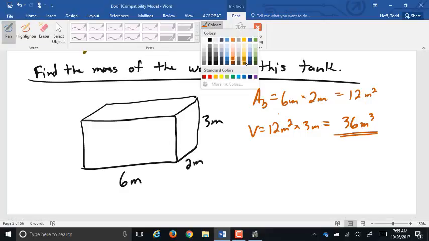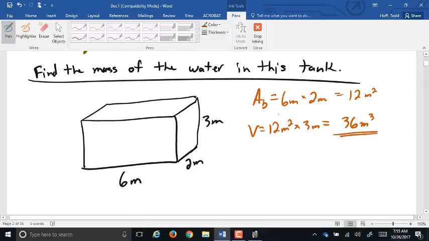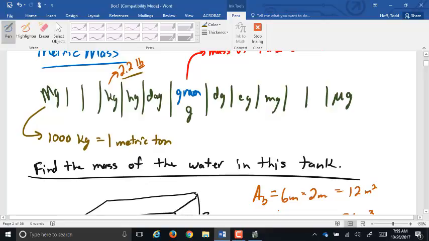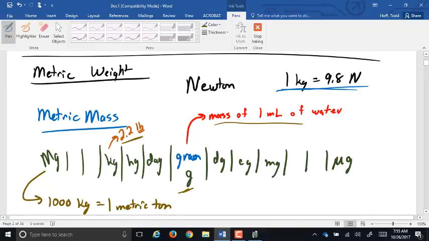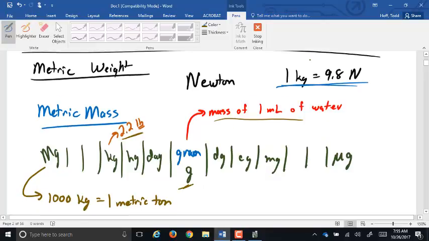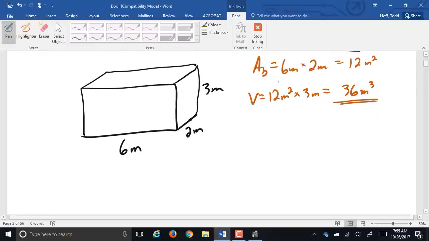Now, we have this conversion: 1 gram of water is the mass of 1 milliliter, a cubic centimeter, basically. So we have to convert this into cubic centimeters. If I convert that to cubic centimeters, 36 cubic meters going into cubic centimeters. Meters to centimeters is 2 spots to the right. Since it's cubic, however, we have to go 6.